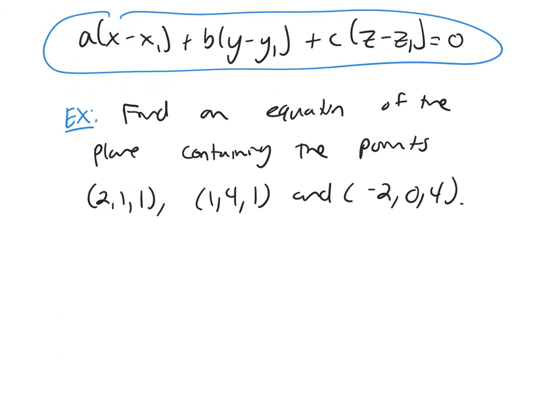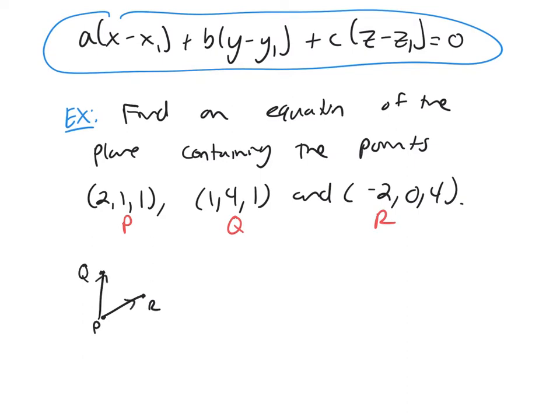So the first thing I'm going to do is give these points names. Here's P, here's Q, and here's R. So kind of the setup we're working with, I'll just draw a brief picture. Here's P, here's Q, and here's R.